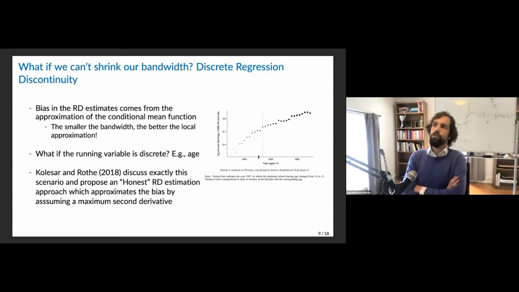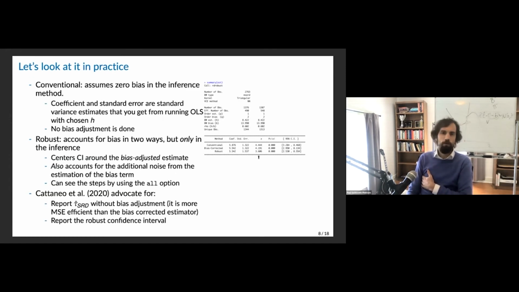So what do we do if we can't shrink our bandwidth? And the thing to say about this is, I know I'm advocating for writing your own code, but you should really be using just one of their packages for doing this. I mean, they did all this work.